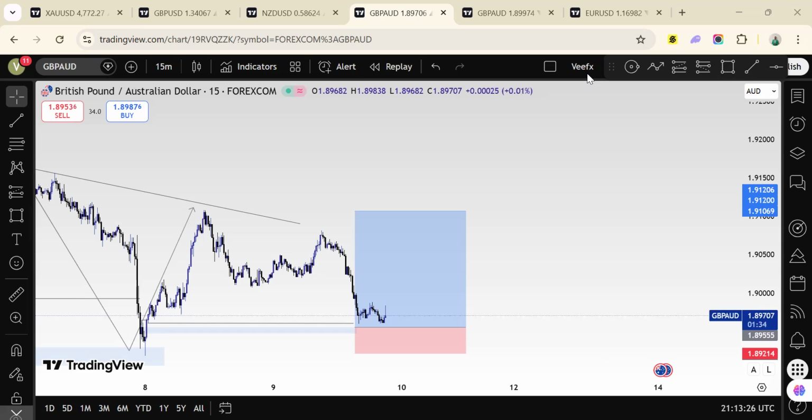So in trading this strategy, our POIs, which is our point of interest or entry point, is either going to be a breaker block or an order block. And you need to know which one to use, right? And I'm going to teach you guys how to know the particular POI that you should use.